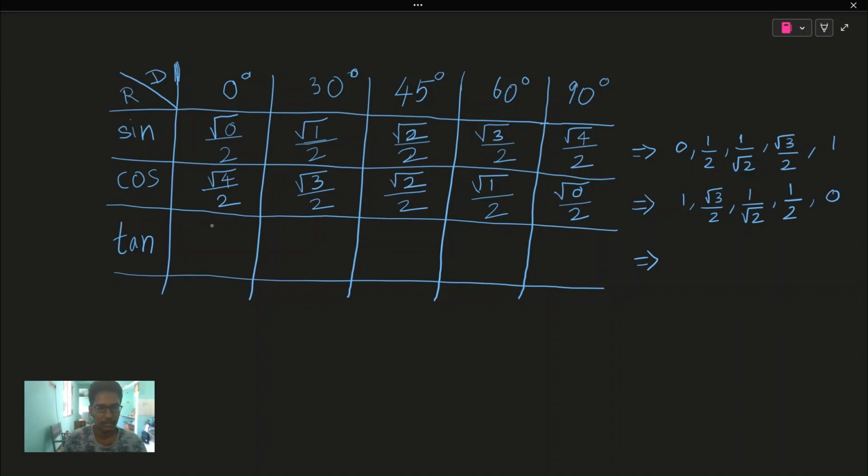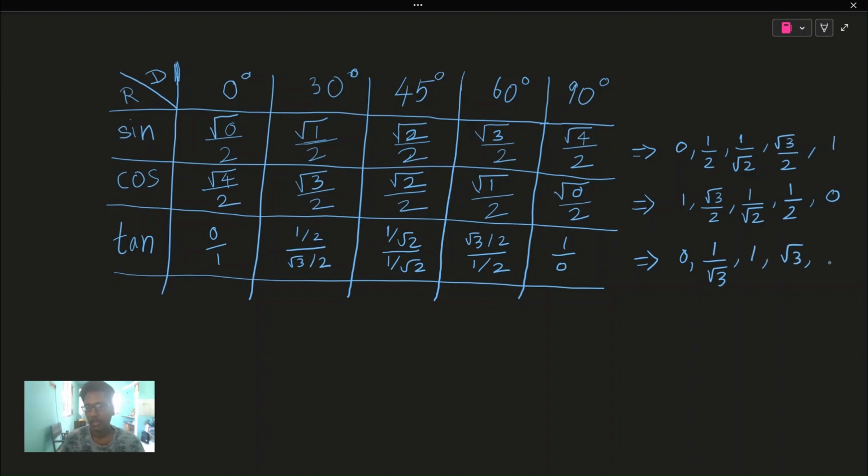So it's just 0 by 1, 1 by 2 divided by root 3 by 2, 1 by root 2 divided by 1 by root 2, root 3 by 2 divided by 1 by 2, 1 by 0. We would end up getting the values as 0, 1 by root 3, 1, root 3 and infinity.